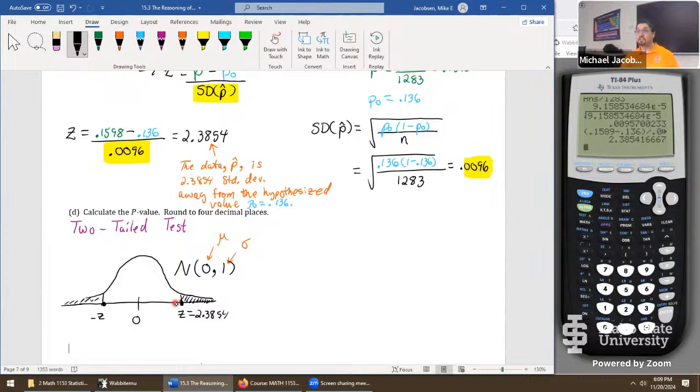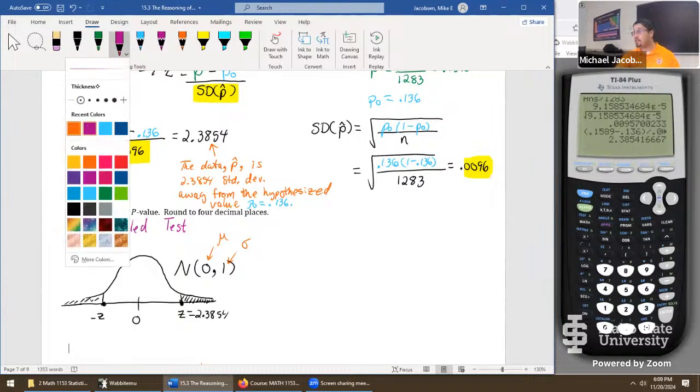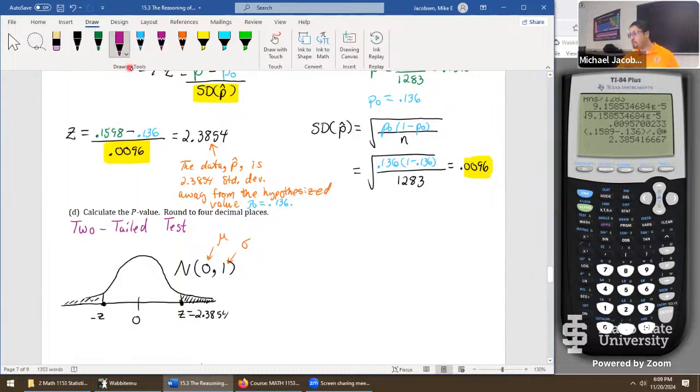This is why it's called a two-tailed test. But the logic of how we get the p-value is there is total symmetry under this normal curve. We'll just double this area, and that will actually give us both in a nice way. So because we have a two-tailed test, we will double this area.